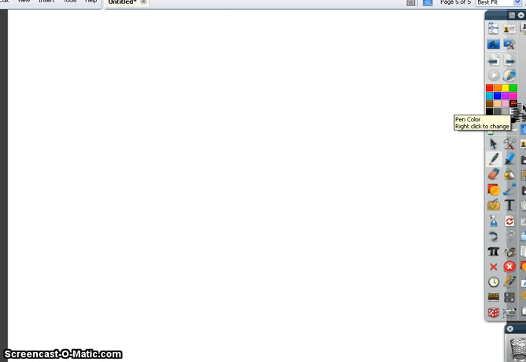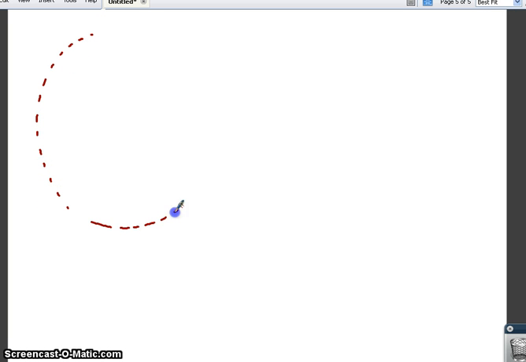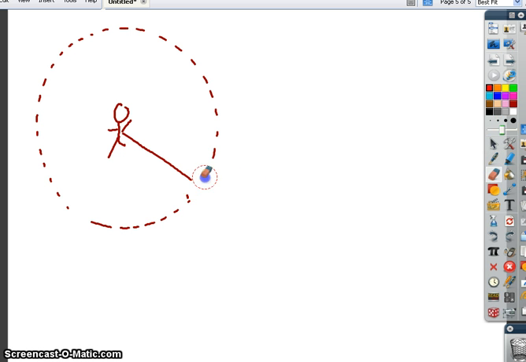And it's going to say something like this. There's going to be something going in a circle. We'll say it's a boy with a string attached to a plane or something. Doesn't matter what it is. It could be swinging a bucket of water. Let me draw that picture a little more accurately.